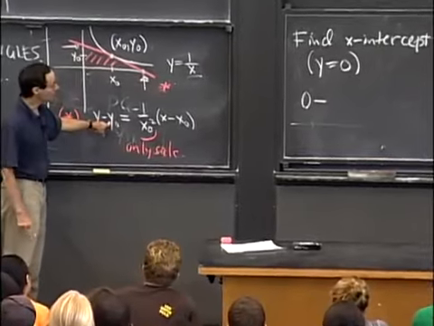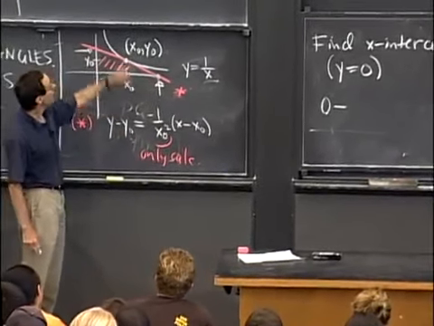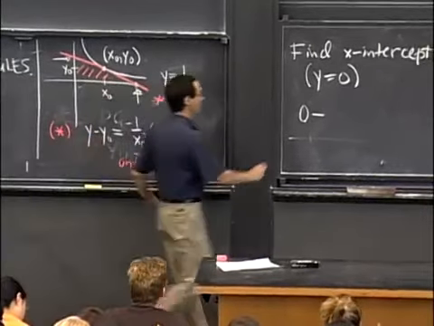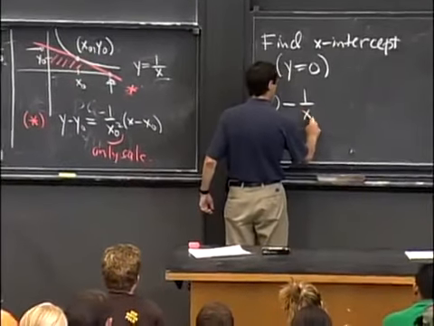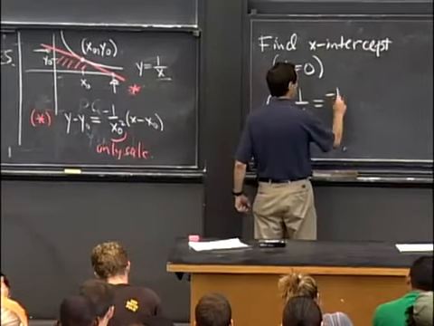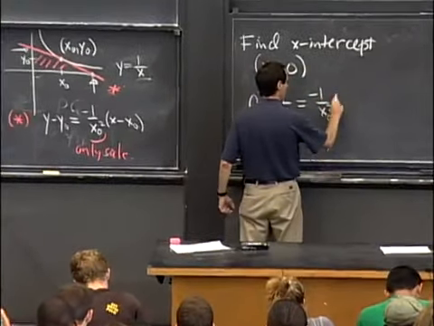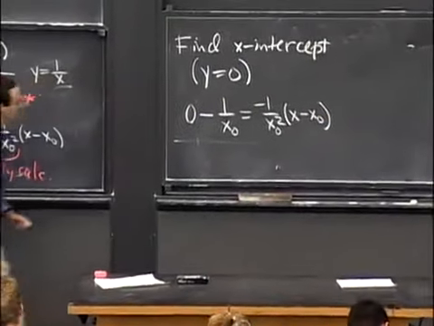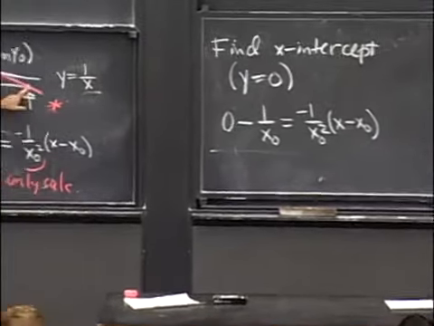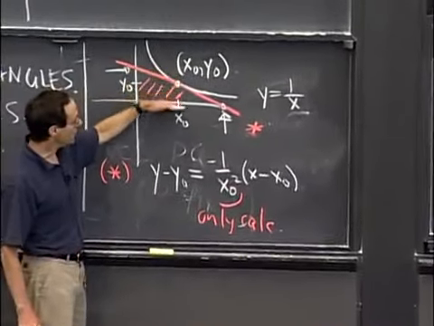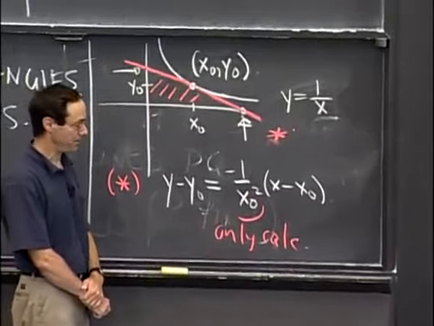We know that y0 is f of x0, and f of x is 1 over x. So this thing is 1 over x0. Right? And that's equal to minus 1 over x0 squared, and here's x, and here's x0. All right? So in order to find this x value, I have to plug in one equation into the other.